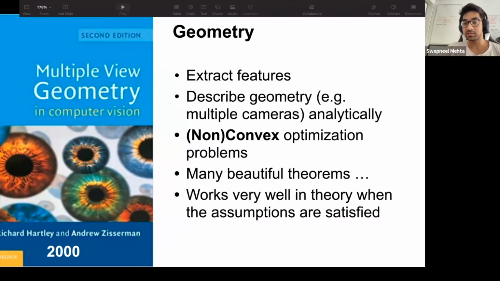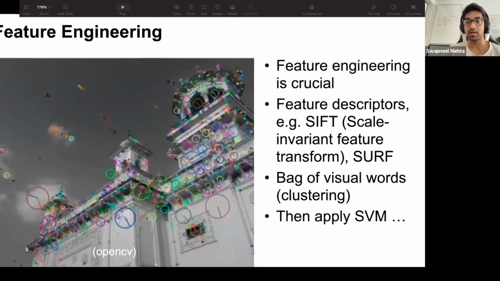And even though these resulted in certain non-convex optimization problems, there were still ways in which people created solutions for them. And under certain assumptions, these methods work very well. And so this is the idea of feature engineering, how you create features from images by hand.